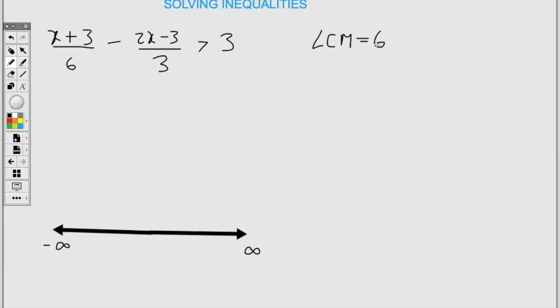So we're going to multiply each of these terms by the number 6. Then we're going to reduce what can be reduced. So 6 can go into 6 one time, 3 into 6 two times, then 1 times x plus 3, nothing changes, so I just have my x plus 3.